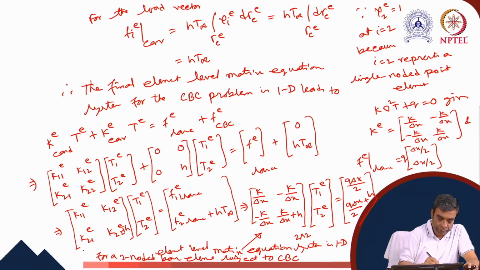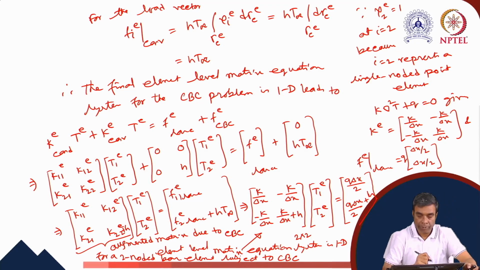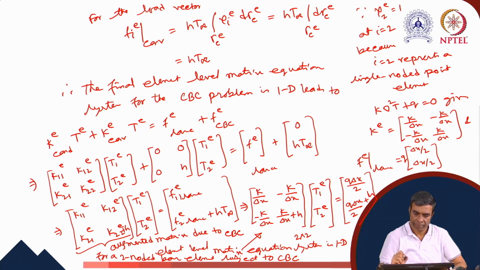So this is the augmented matrix due to CBC. The augmentation of the stiffness matrix due to convective boundary condition does not include any modification of the symmetry of the matrix. So the matrix remains symmetric after addition of this convective heat transfer coefficient. Here the T infinity is missing. This should be h T infinity.